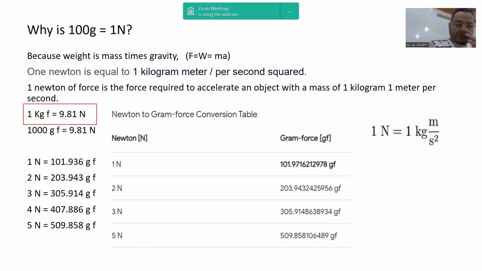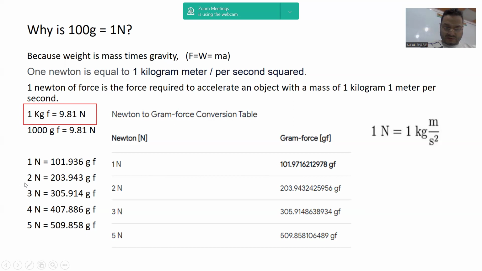By that, Newton equals 1000 gram force divided by the acceleration 9.81. The result using my function calculator was 101.936. Here from Google, it's approximately the same. Maybe by using a better calculator, I don't know.